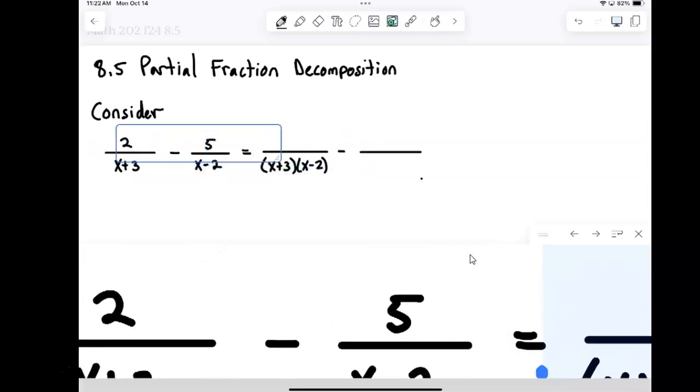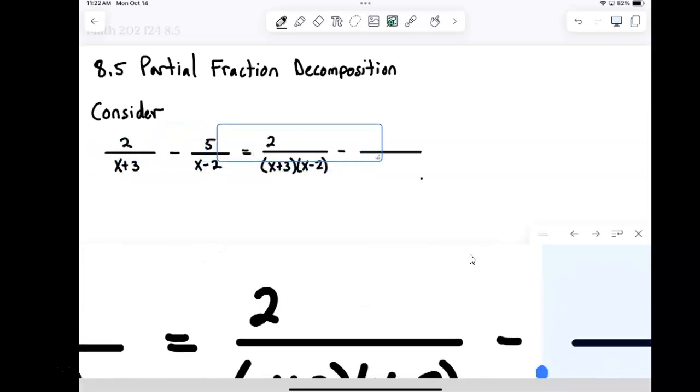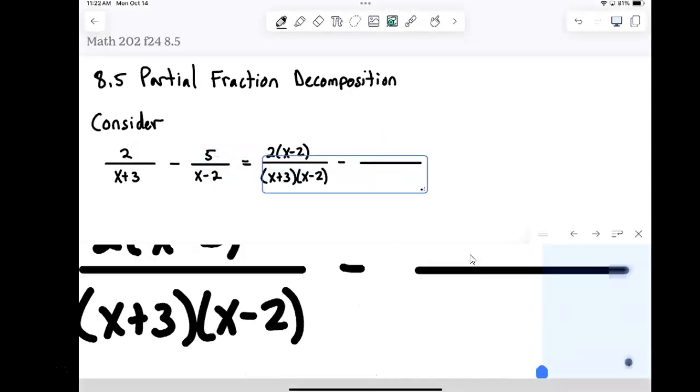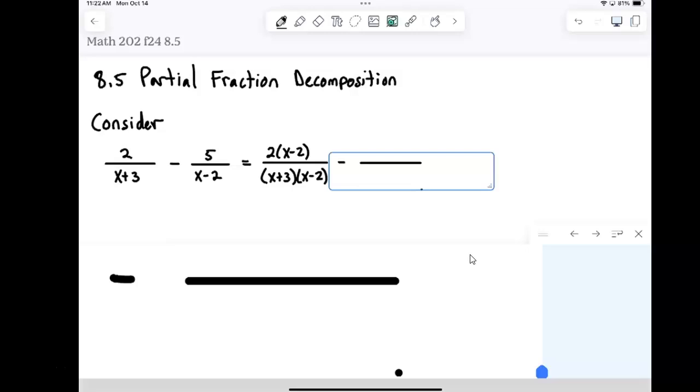I need an x minus 2, so I would put that also up top so that I haven't changed anything. That way, if you were to simplify, that's just still 2 over x plus 3. Okay? And likewise, the same thing with the 5 over x minus 2.